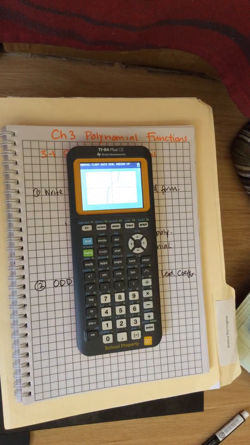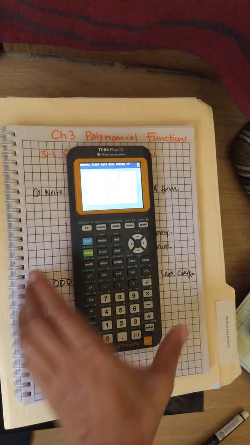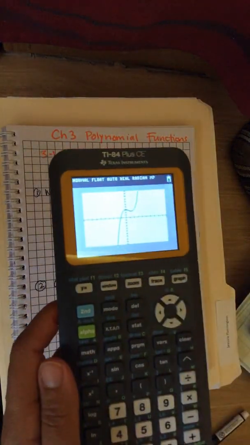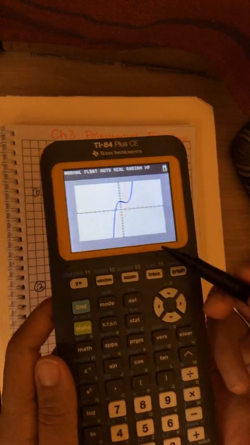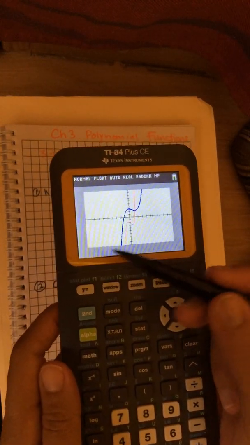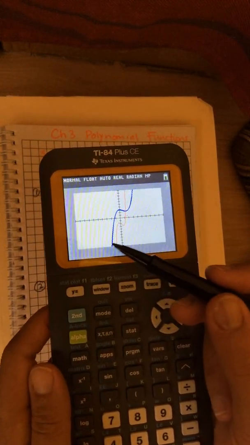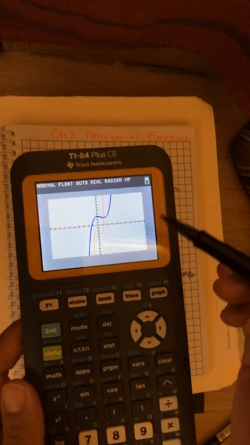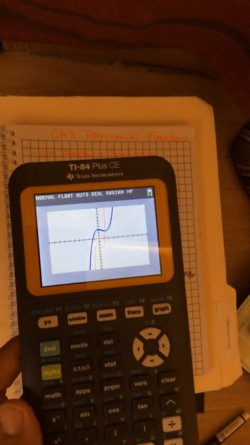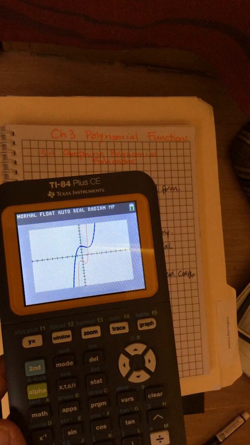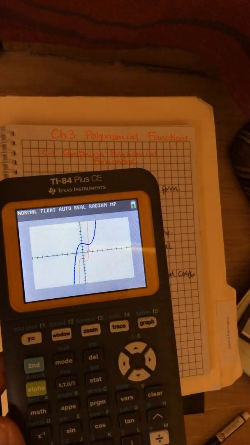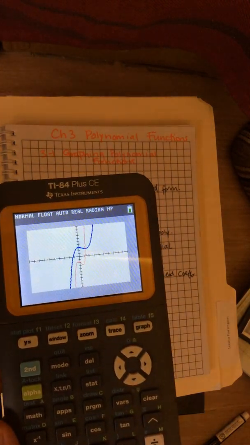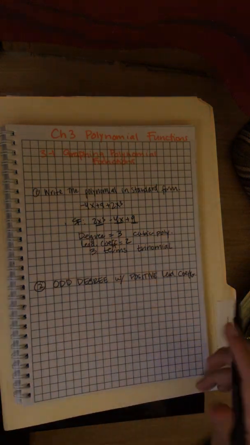Okay, so you can see that the end behavior on both, see the red and the blue line, is that as we go towards negative infinity, the function is decreasing, and as we go towards positive infinity, the function is increasing. So we can write that down because that is a trend for functions in this category.